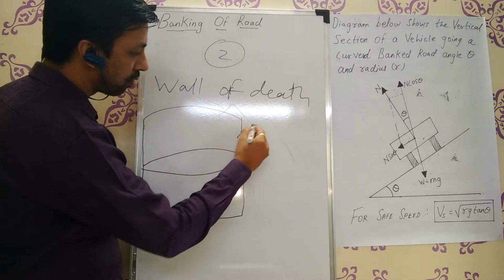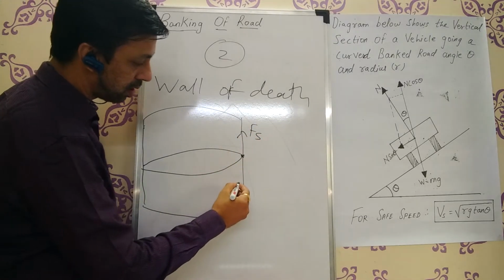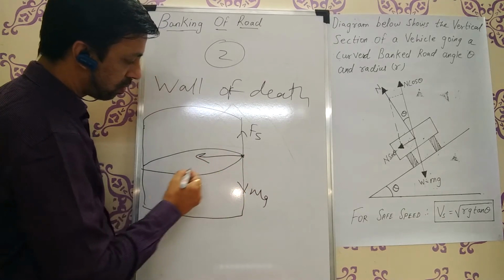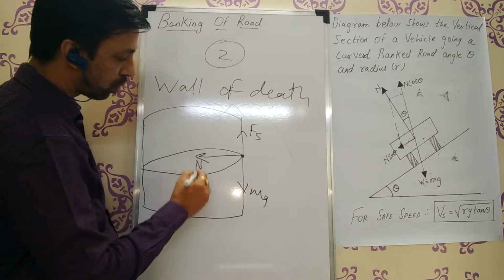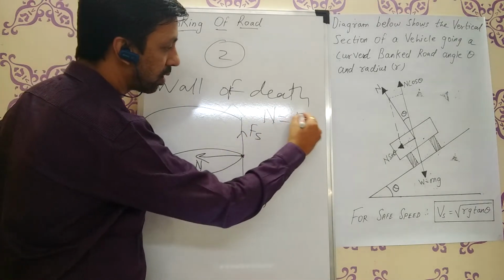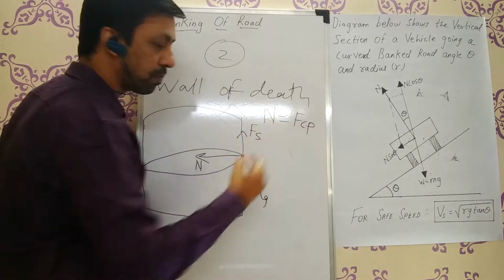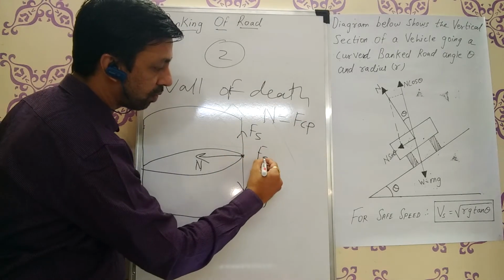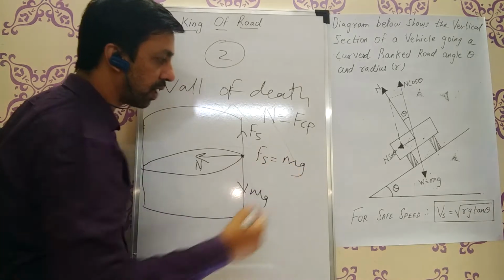Here the force of friction acts upward, the weight acts downward, and the normal acts towards the center as the centripetal force. So here the normal is trying to balance with Fcp, and the force of friction is trying to balance with the weight.